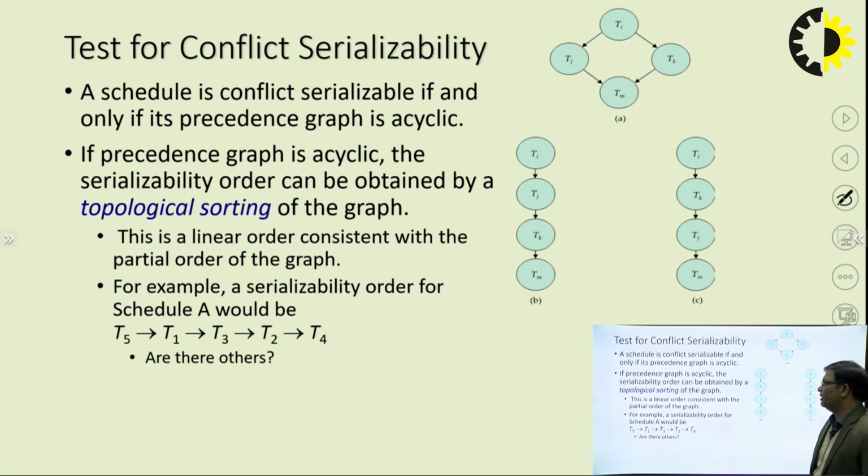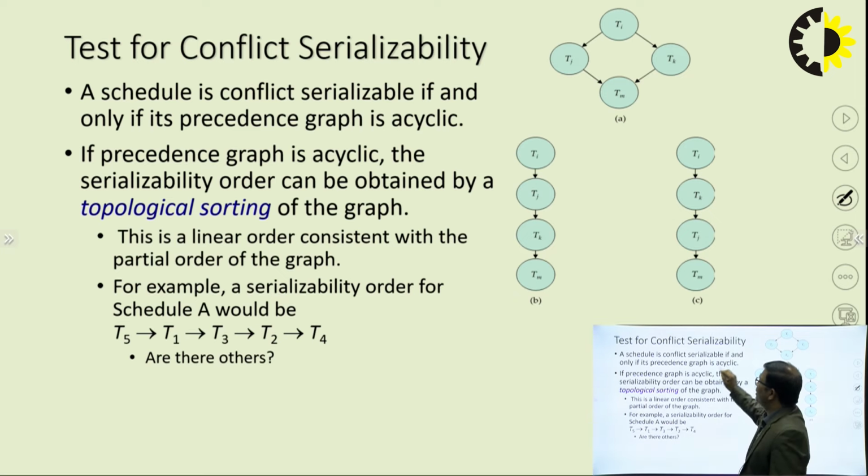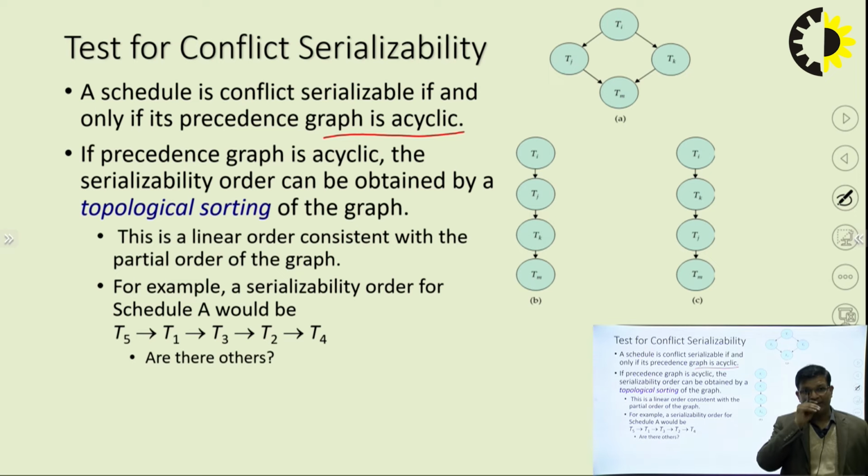The precedence graph should be acyclic. Testing for conflict serializability. Let's take an example. A schedule is conflict serializable if and only if the precedence graph is acyclic. And if the precedence graph is acyclic, the serializability order can be obtained by a topological sorting of the graph. Like for example, this is a schedule: Ti to Tj, Ti to Tk, from Tj to Tm, from Tk to Tm.